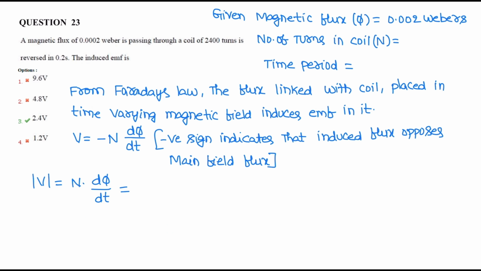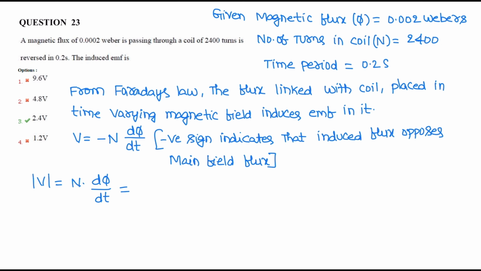Question number 23. Given magnetic flux 0.02 Webers passing through a coil having 2400 turns, and the time is 0.2 seconds.